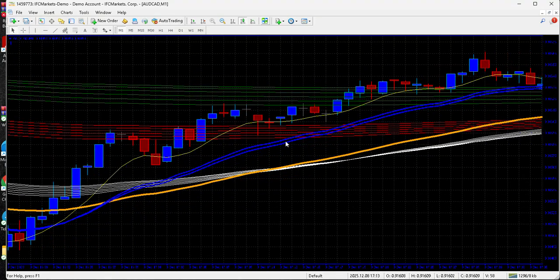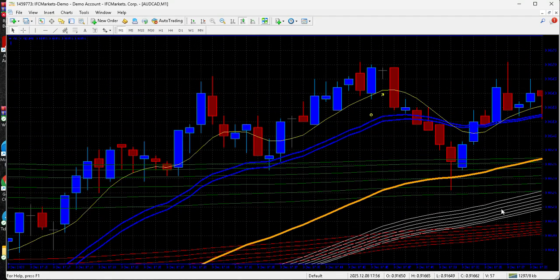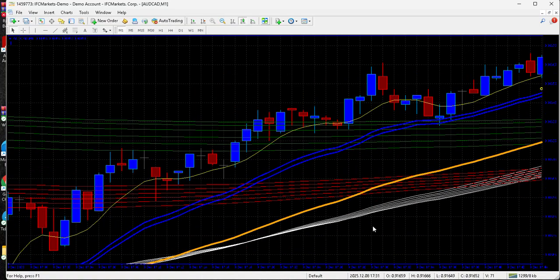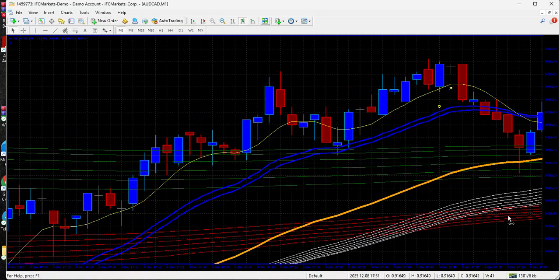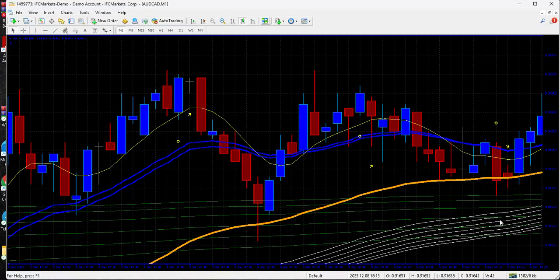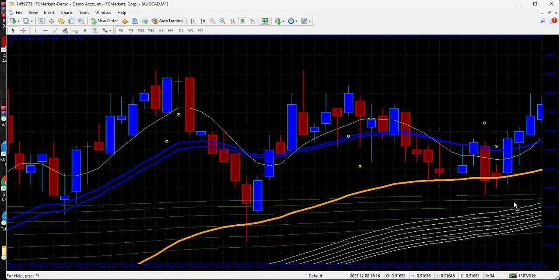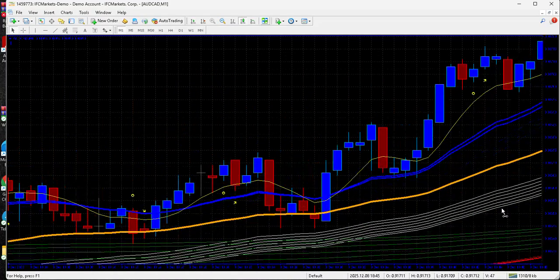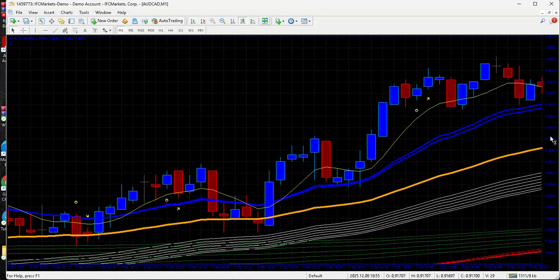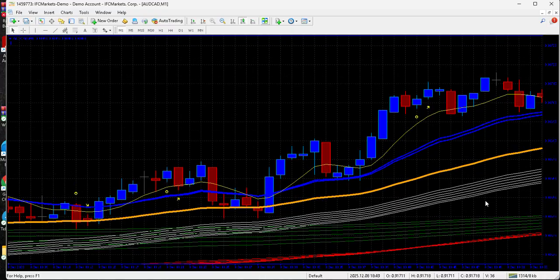Okay, we're ignoring any signals that may come up. All right, now the white line is starting to cross the green or the red. It's also crossing over here. And again, we don't take any trades yet until we have confirmation that we are in an uptrend, which we now have.